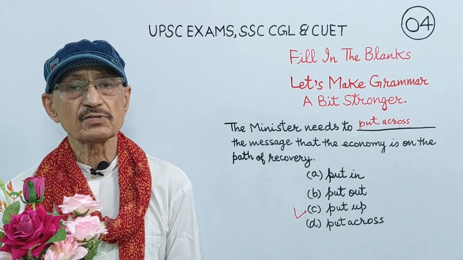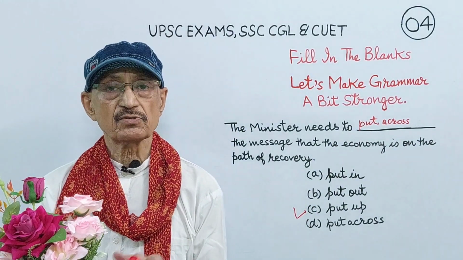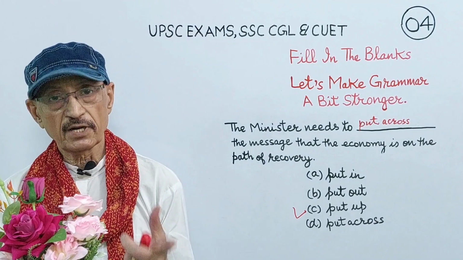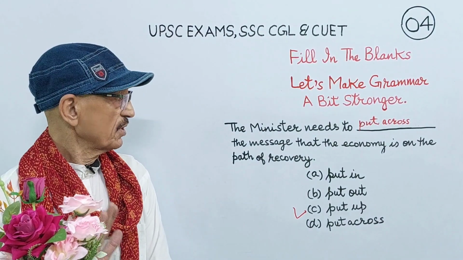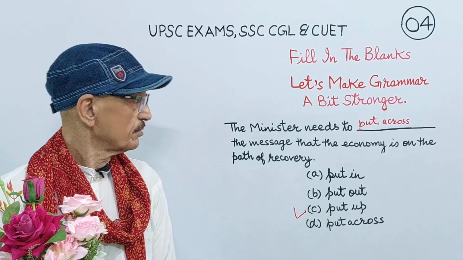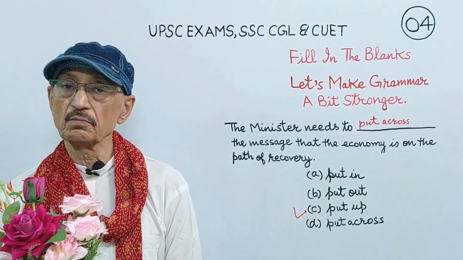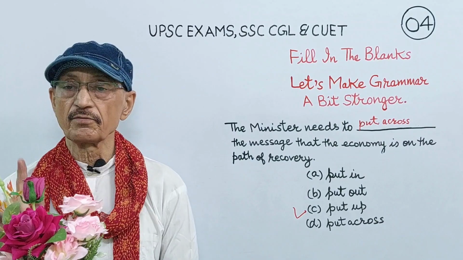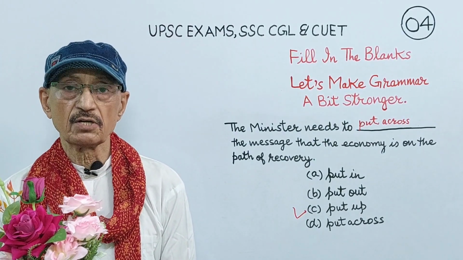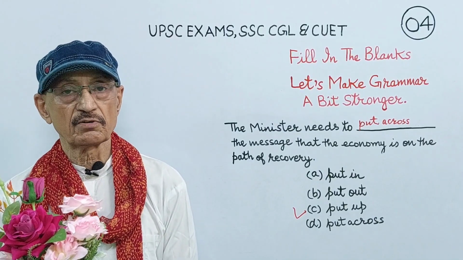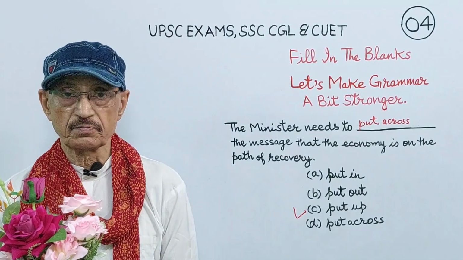Put across means to express or explain something clearly. The minister needs to put across the message that the economy is on the path of recovery. So, put across is a right phrasal verb to fill this blank space.